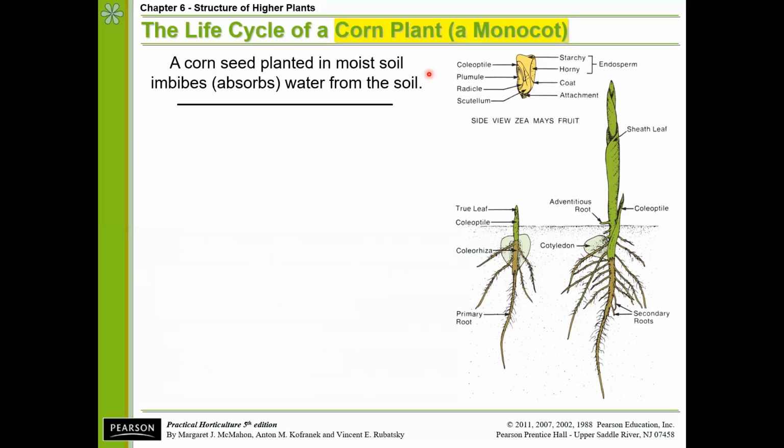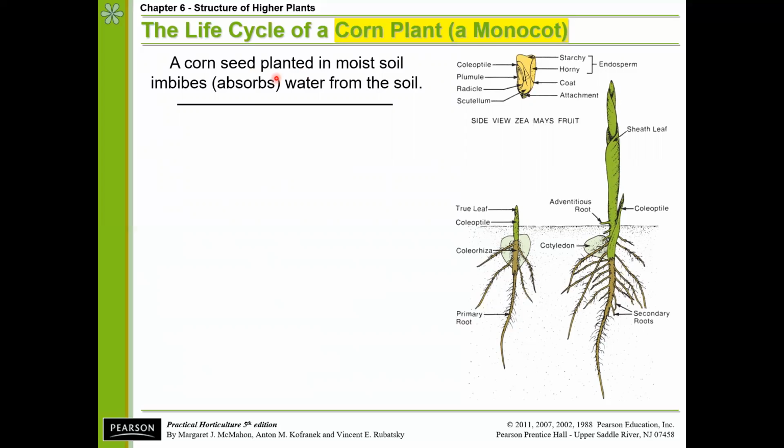Not very often would you have a volunteer corn plant come up from a discarded corn cob. It could happen, but it's not very frequent, just because it's so highly evolved with people.